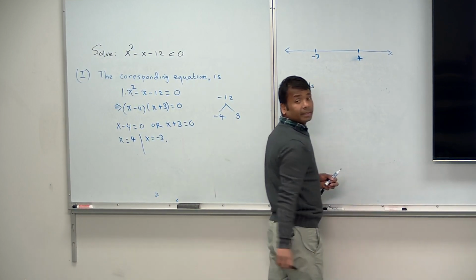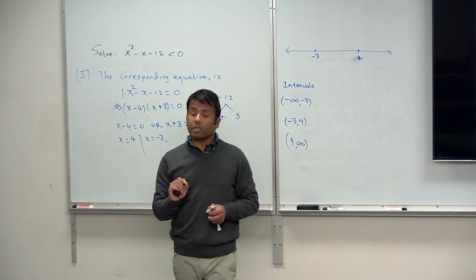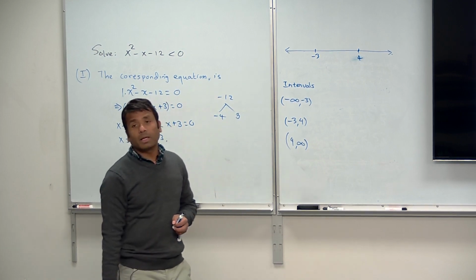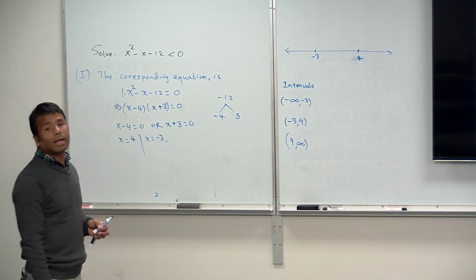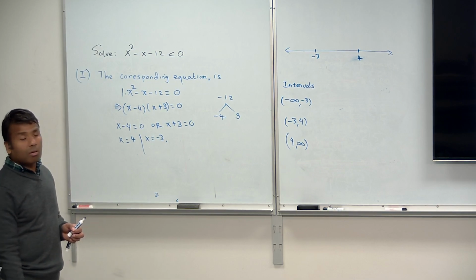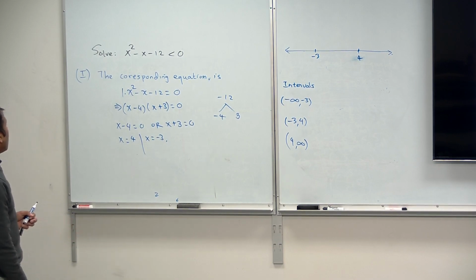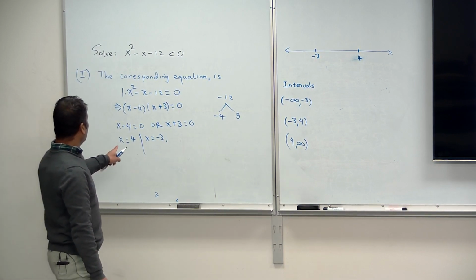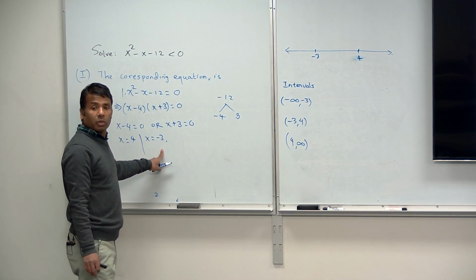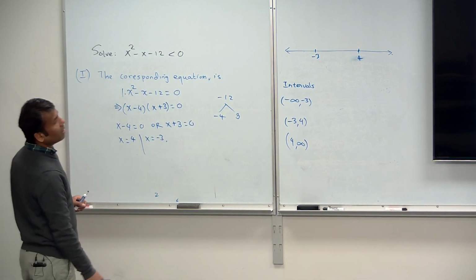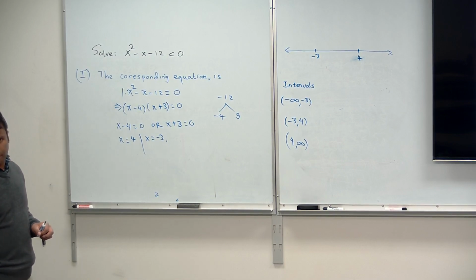Yes? So what did I do? First, I found the corresponding equations. Is that right? And then I solved the equations, right? And I got the values of x. And then I used those values of x to identify the intervals, right?